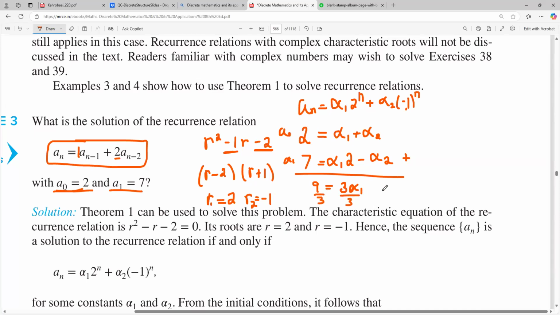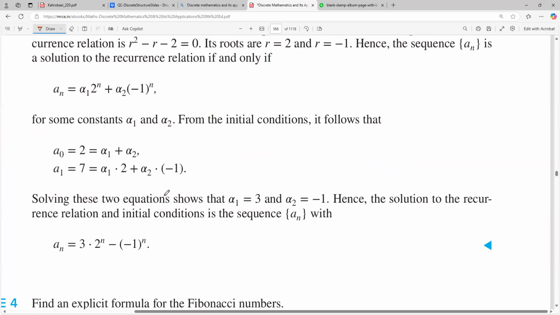We get alpha 1 is then 3. And once we know this, we could use the first equation. We get 2 is equal to alpha 1, which is 3, plus alpha 2. Subtract 3 from both sides, we get alpha 2 is equal to minus 1. Make sure I'm correct. Yep.